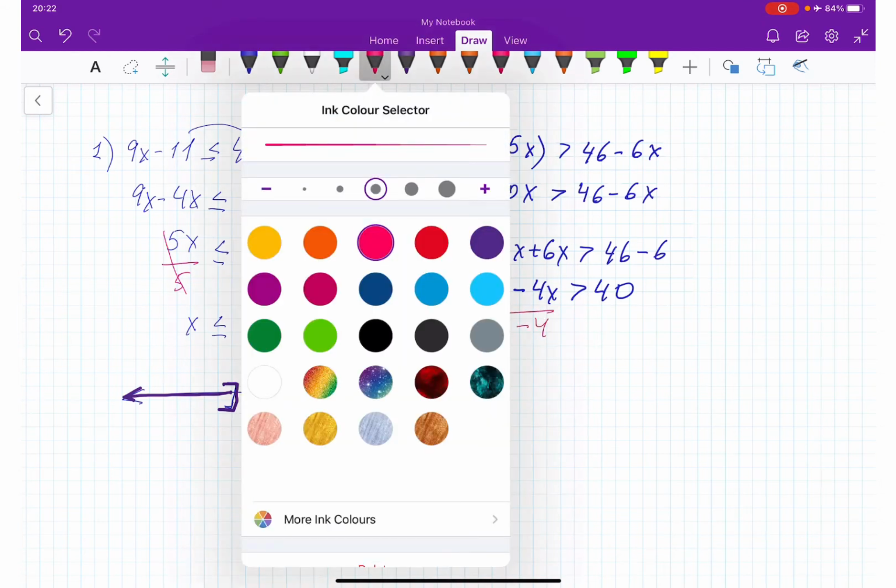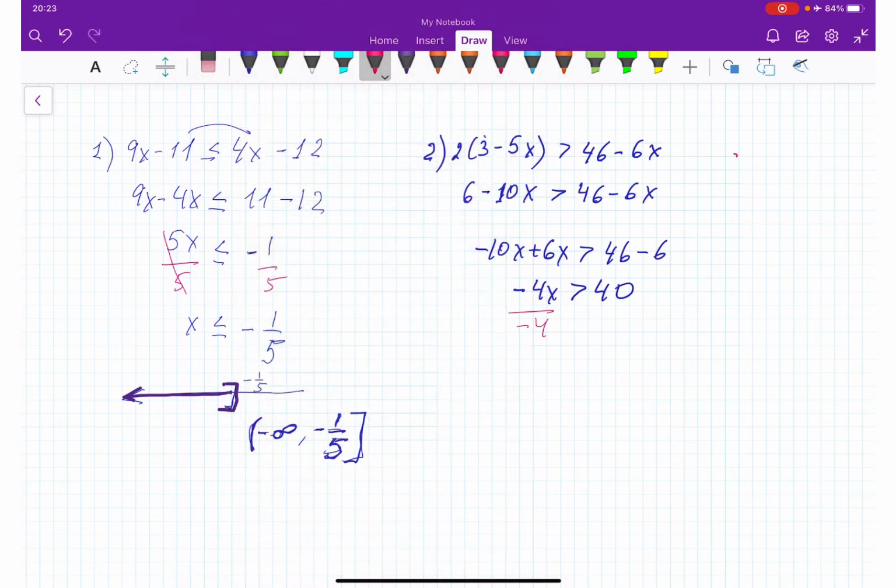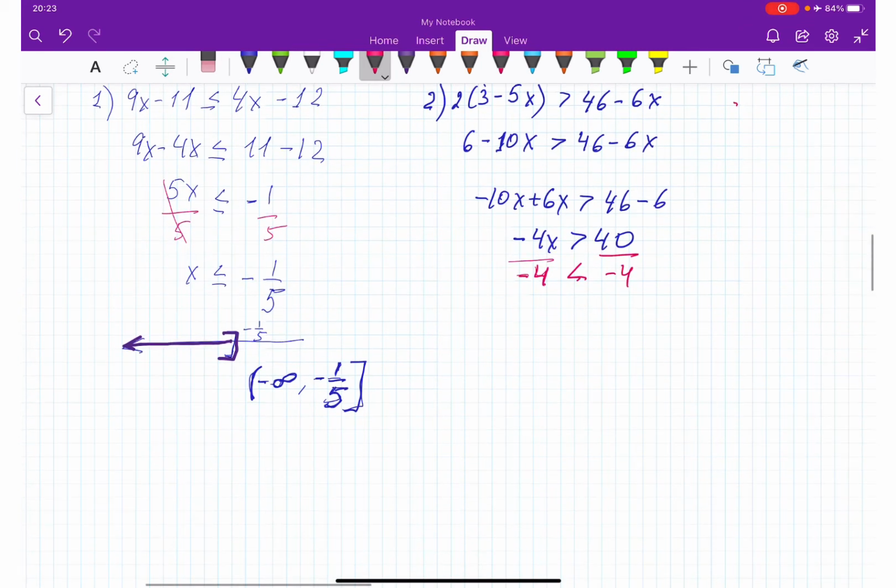Since we divide by negative 4, we are going to flip the sign also, right? Divided by negative 4, and we get x is less than negative 10.